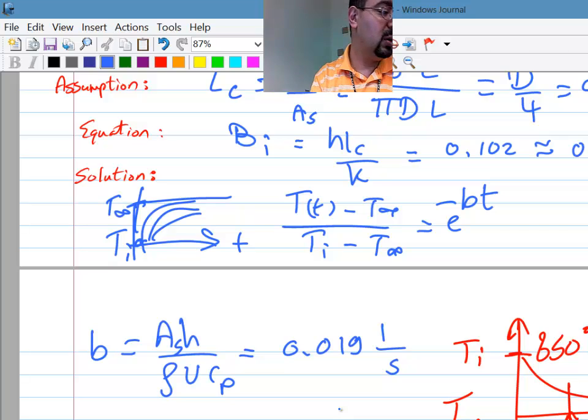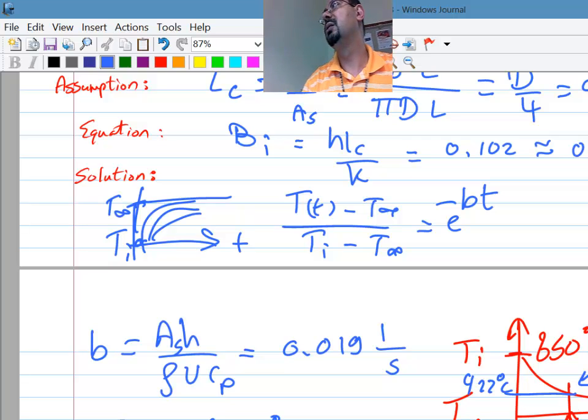All right, so now you know the Ti, T infinity, and the t is 40 seconds. The T will end up being 422. So he dropped from 850 to 422 in just 40 seconds, right? That's how quickly the h is.